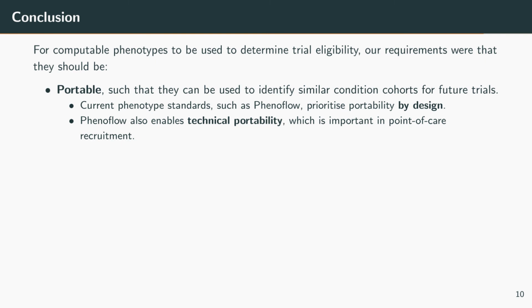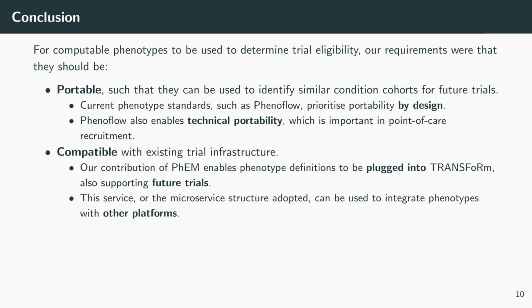So let's return to our initial requirements for using computable phenotypes as eligibility criteria. We said that they needed to be portable so that these criteria could be used for future trials. And we can see that the use of PhenoFlow prioritizes portability by design. So by using phenotypes, we get this inherent level of portability. Our second criterion was that phenotypes should be compatible with existing trial infrastructure.